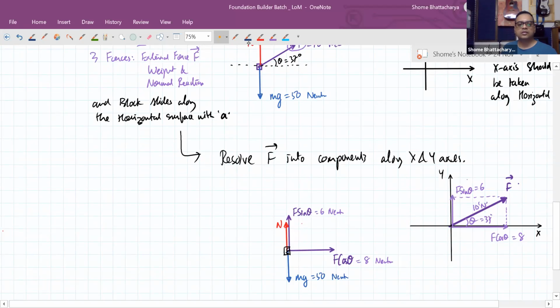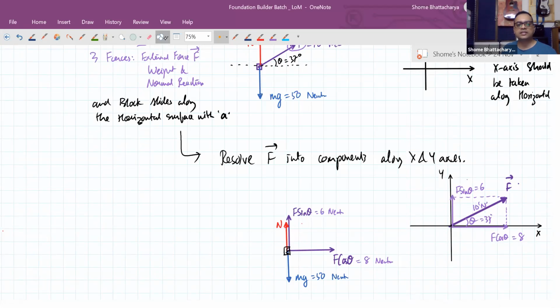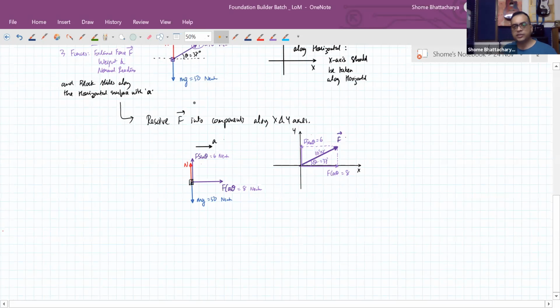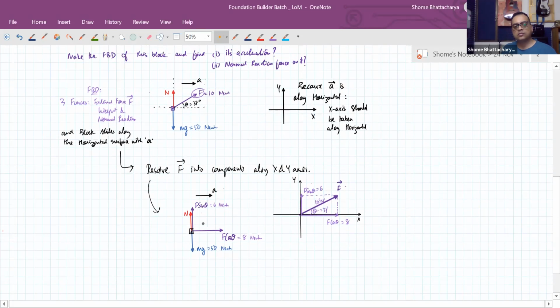Okay. So now in this diagram, we also know that the body has an acceleration along the x-axis of a. So this is a free body diagram with force resolved. This was the original free body diagram. After resolving the force F into its components along x and y axis, we have got this.